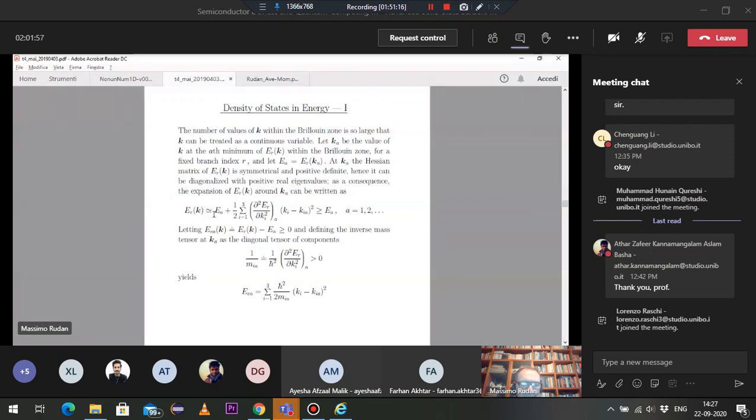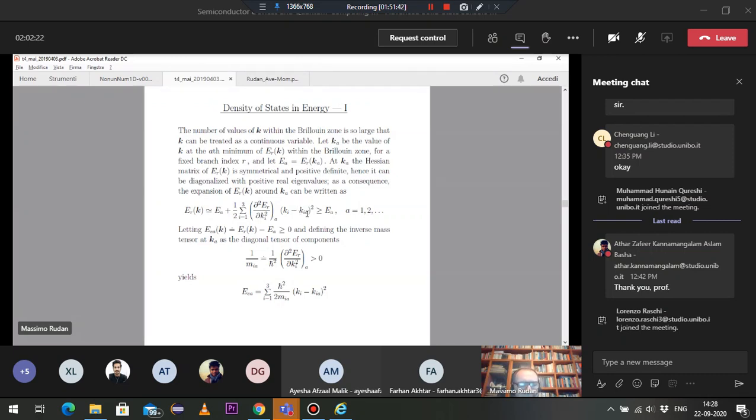But for the moment, A is a counter, it counts the minima. So E sub A is the constant that coincides with the value of the band in the minimum. The name of K at the minimum is called K sub A.